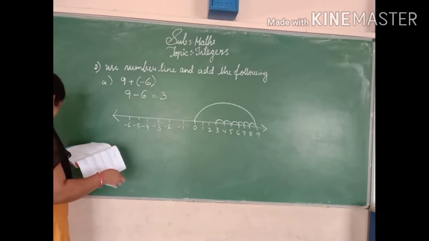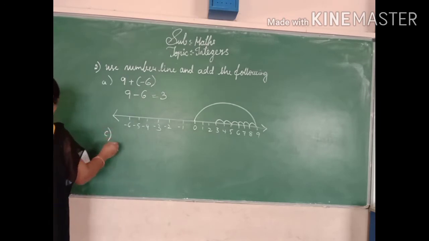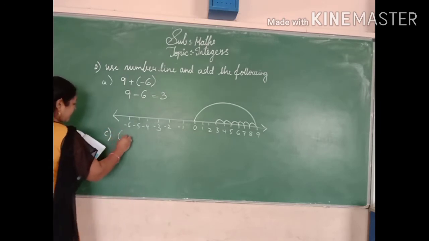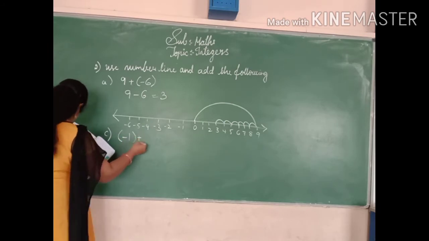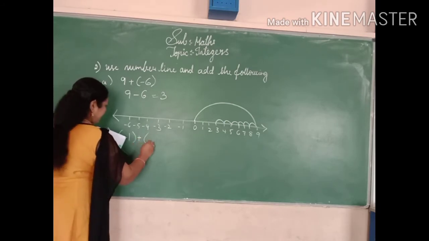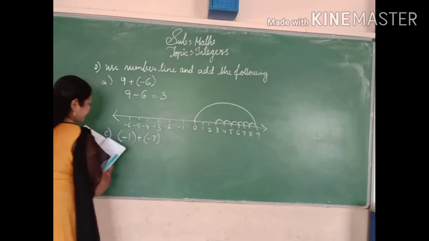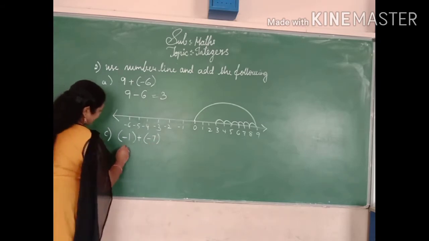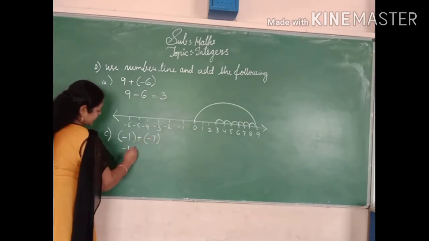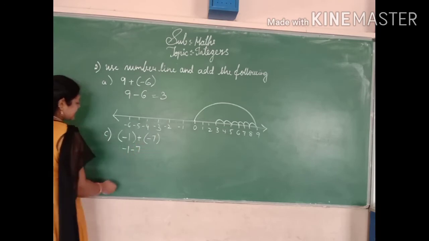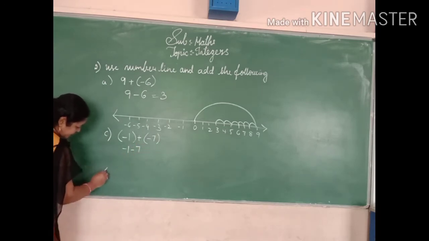I will do one more for you. C, minus 1 plus minus 7. So minus 1 plus into minus 7.